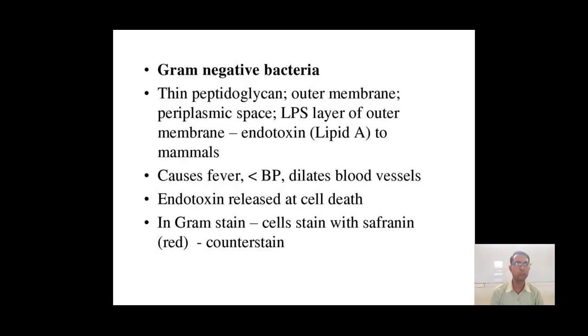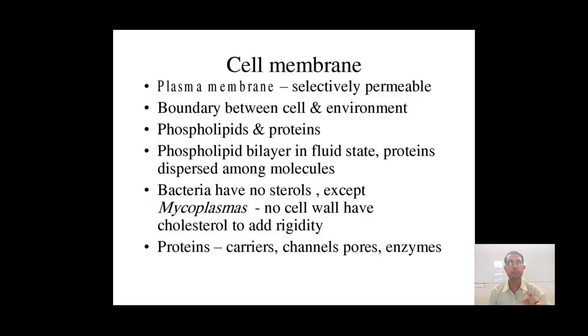The outer membrane and periplasmic space are there, and due to this, there is no retention of the blue or violet color, and hence they show attachment of the stain known as safranin, and due to that they show a pink color. So gram positive bacteria, when we observe under the microscope, show a purple to violet color, whereas gram negative bacteria show a pink color.